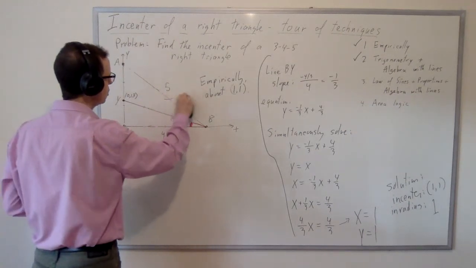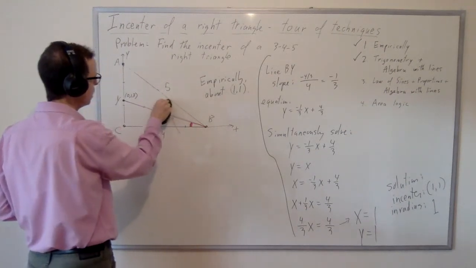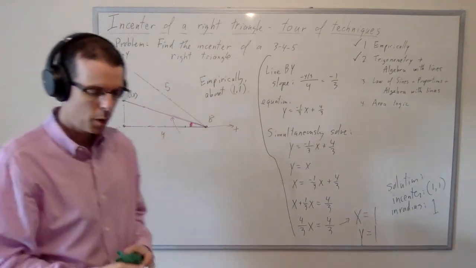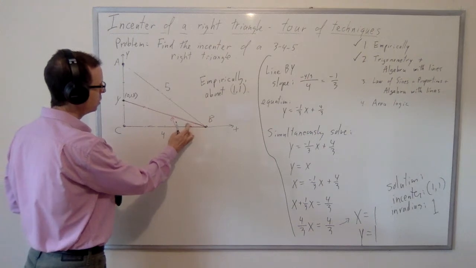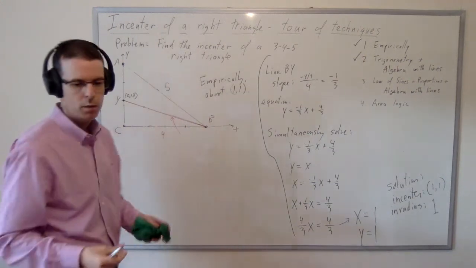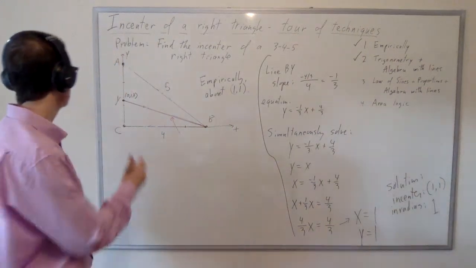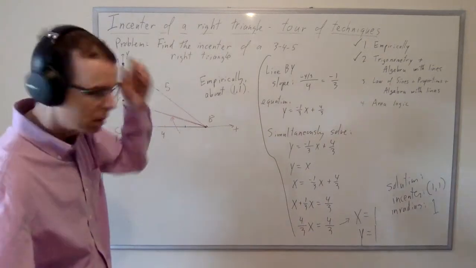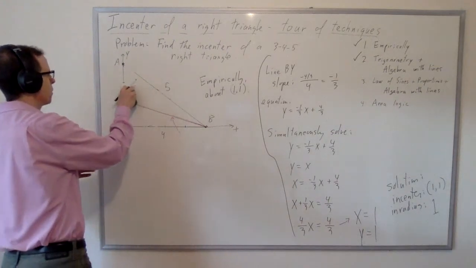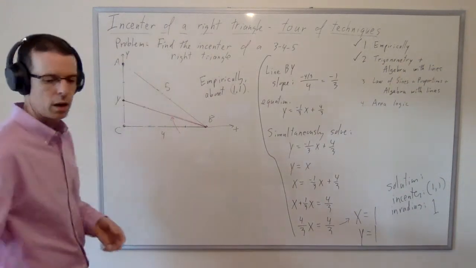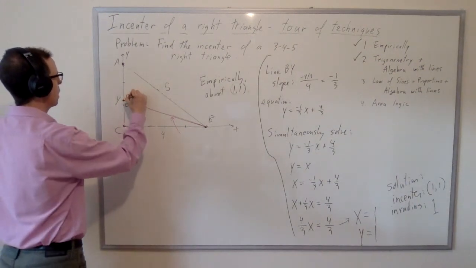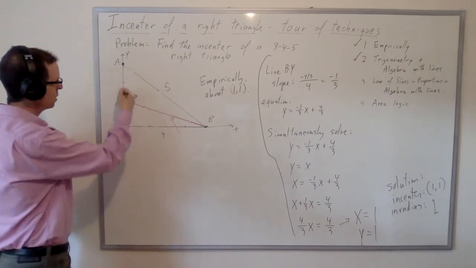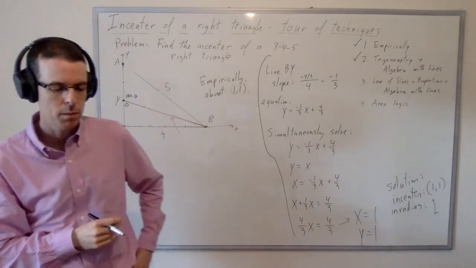I want to focus just on this line, which here is BY. And I want to focus not on the angle CBY, but on the two angles made at Y. So I'm going to forget the value here. And then I'm going to call this theta, and I'm going to call this 180 minus theta, because together they make a straight angle on the y-axis.